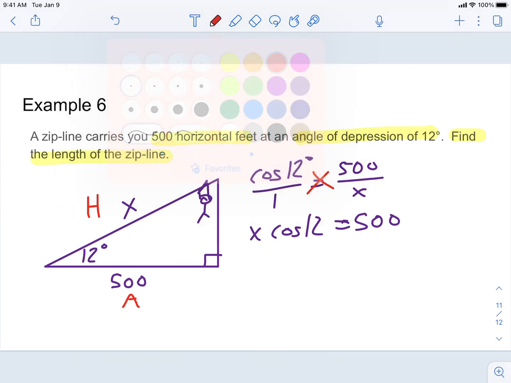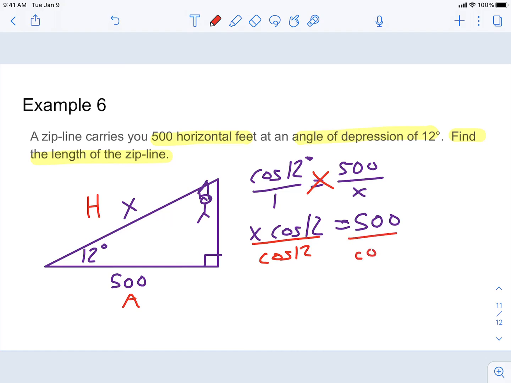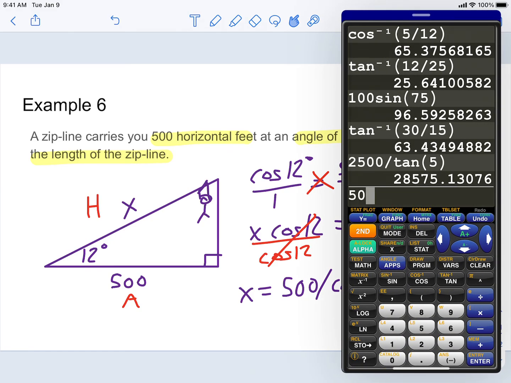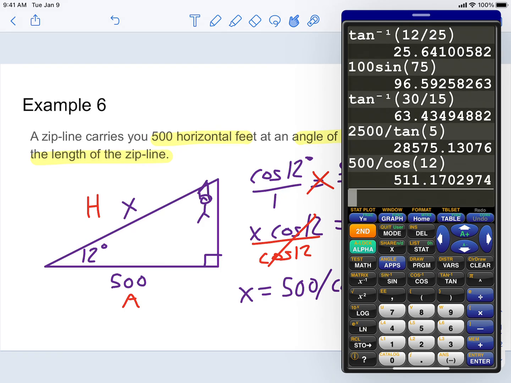Then we can divide both sides by cosine 12, like that. And x is going to be whatever number 500 divided by cosine of 12 is. So 500 divided by cosine of 12, about 511 feet, we'll say.